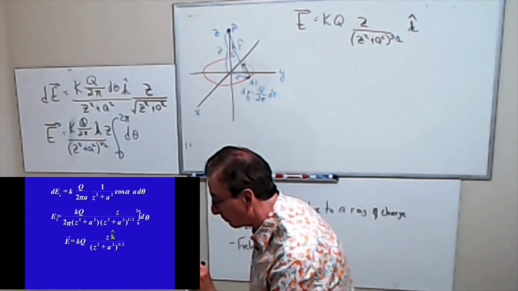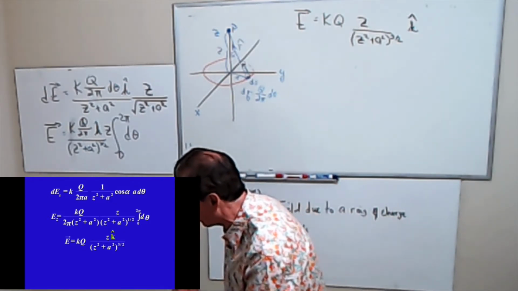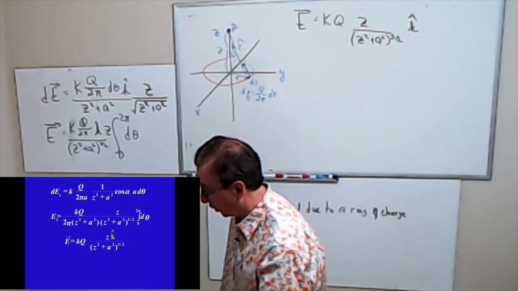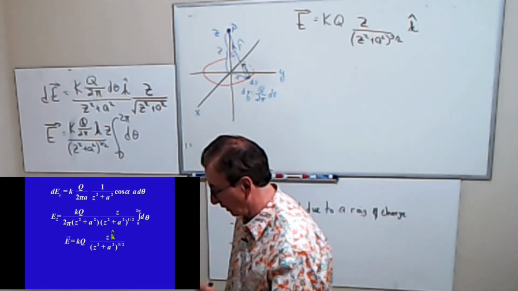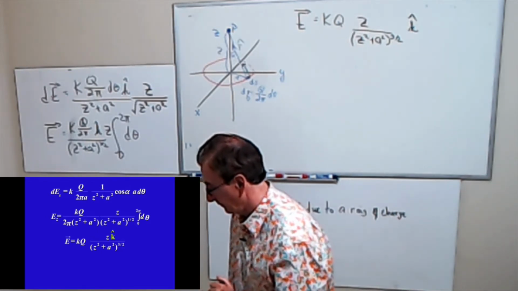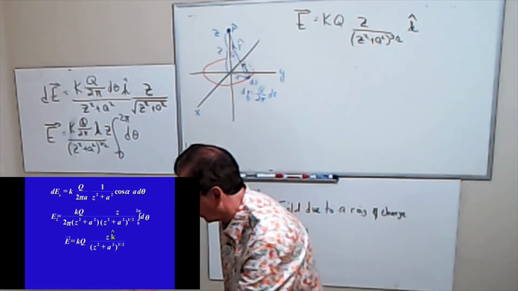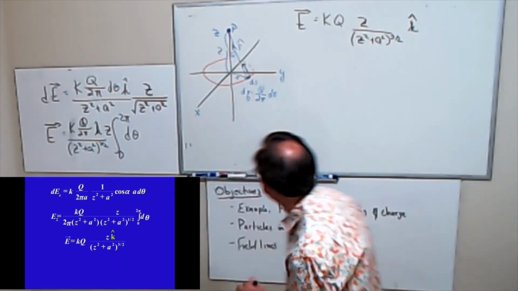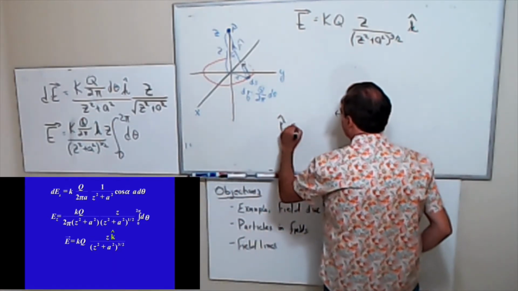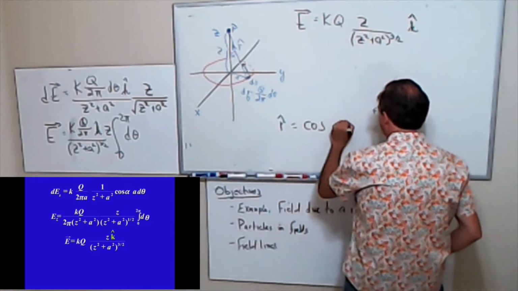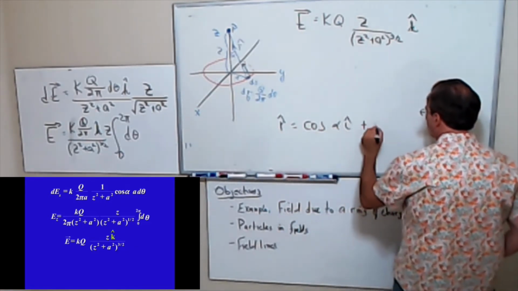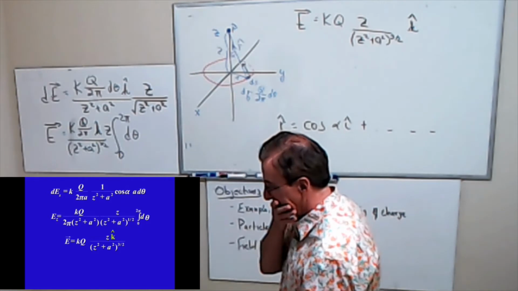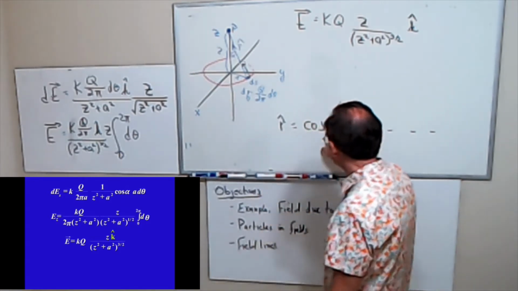Remember, I'm not saying r hat is z over the length of the vector. The z component of r hat is z over the length of the vector. Isn't that z over the length of the vector?